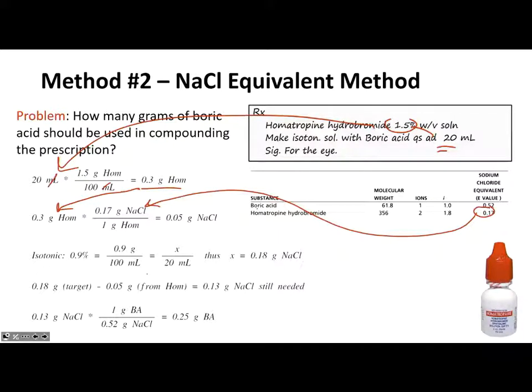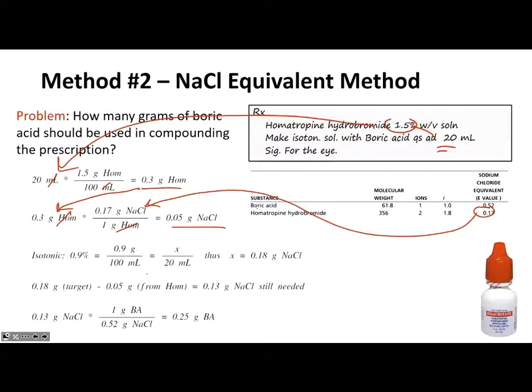Let's set that up with the right units. 0.17 means 0.17 grams of sodium chloride per gram of drug, in this case homatropine. This way, if I multiply these two together, homatropine cancels, and I'm in grams of sodium chloride. So what is 0.3 times 0.17? It's 0.05 grams of sodium chloride.